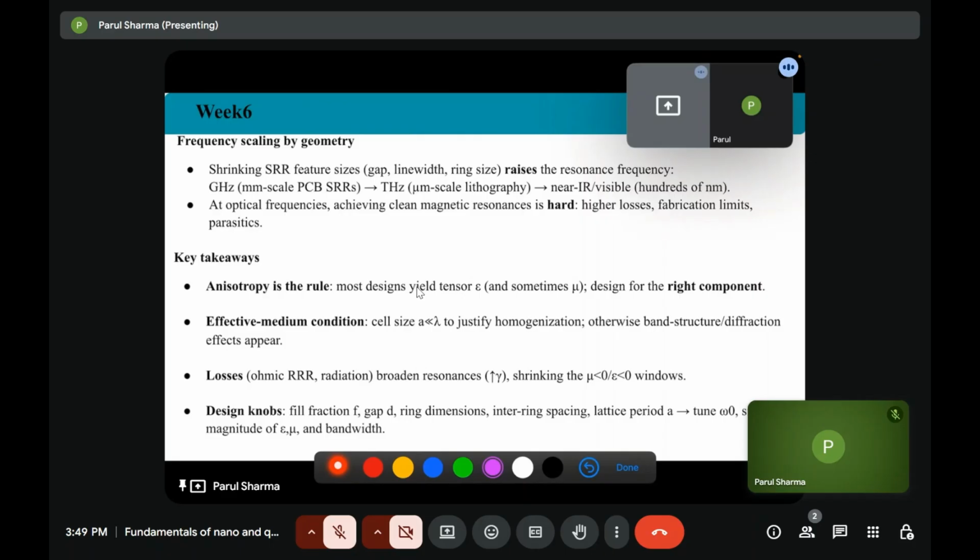Mainly we are considering structures for which the permittivity is different in the X and Y directions. And effectively we will consider the effective medium condition, where the unit cell size A being much less than lambda justifies homogenization. But if A is comparable to lambda, then band structures and diffraction effects will appear.